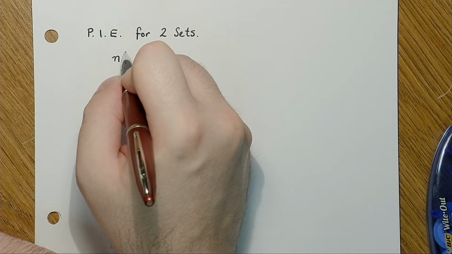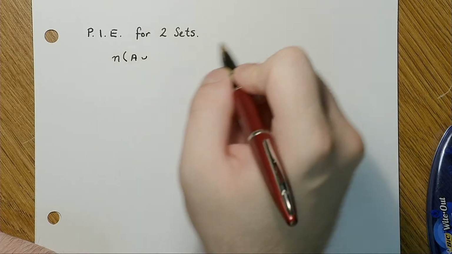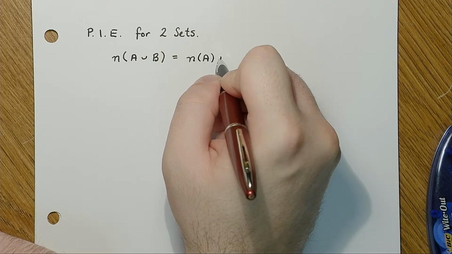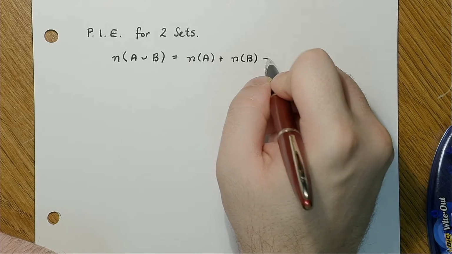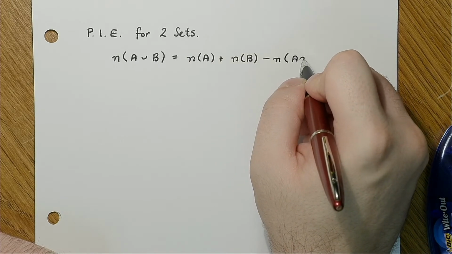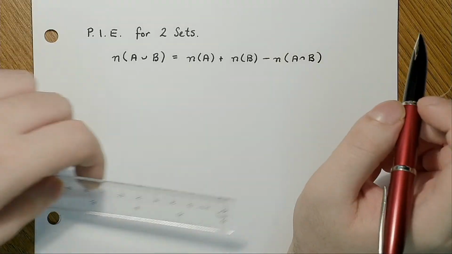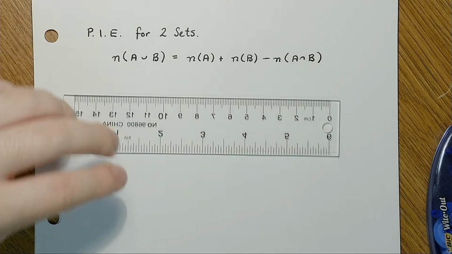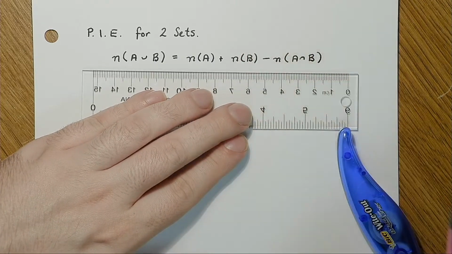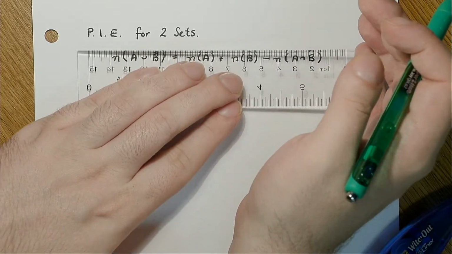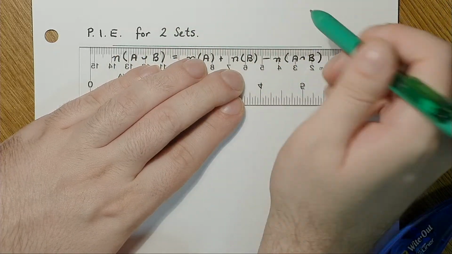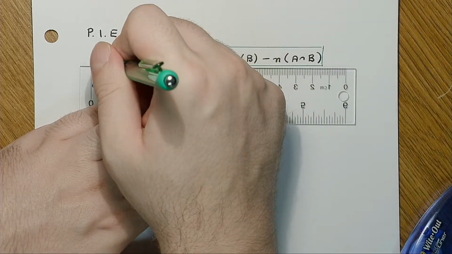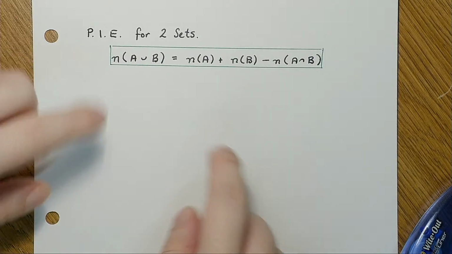And that's the number in the union of A and B for 2 sets, equal to the number of elements in A plus the number of elements in B, subtract the number of elements in the intersection. Okay. So that's the formula for 2 sets.